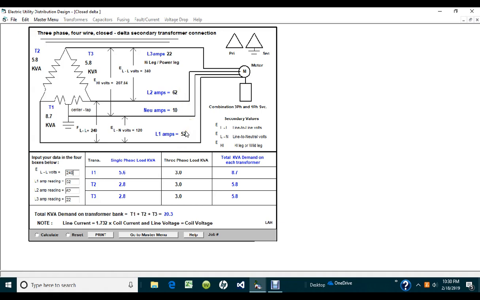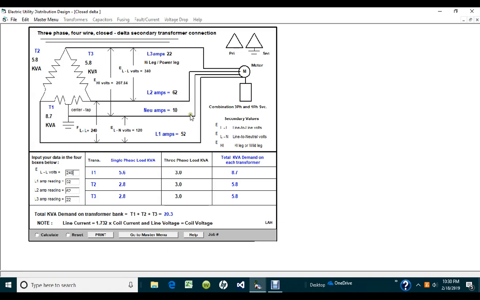Keep in mind it's the same thing we had on the single phase transformer video before, that the neutral current basically is the difference between the 2 hot legs off of the transformer that has a center tap ground. So this takes care of the differential between the 62 and 52.